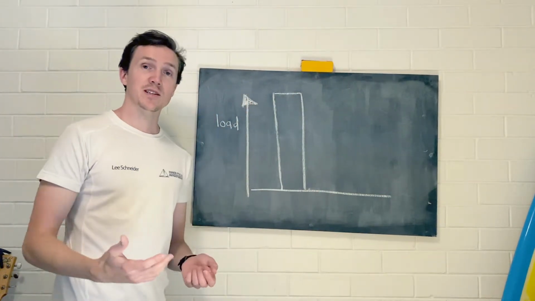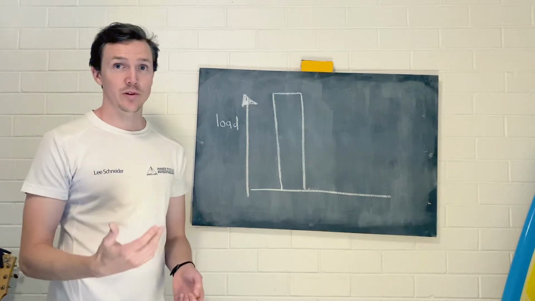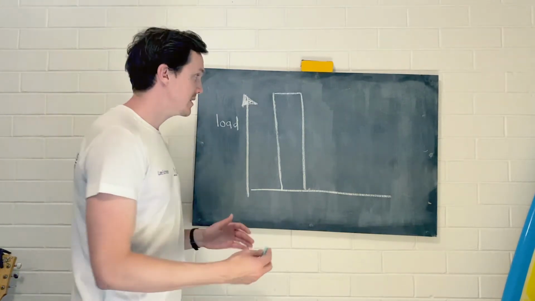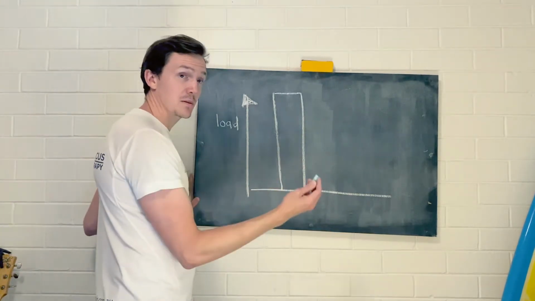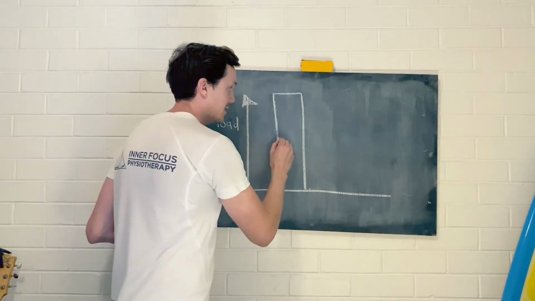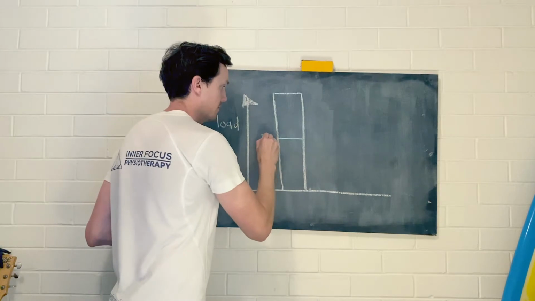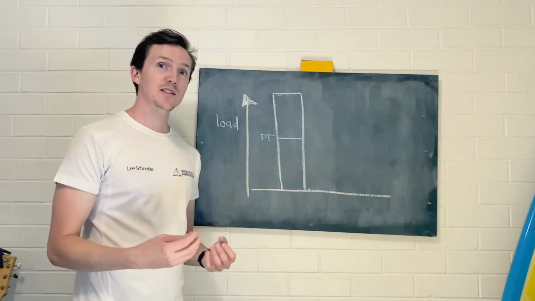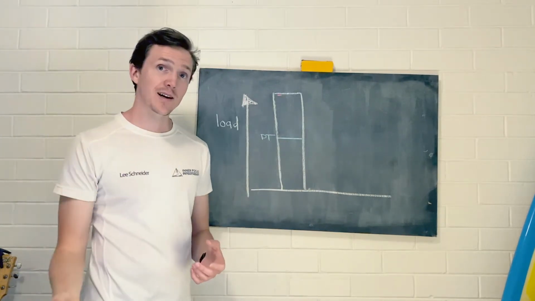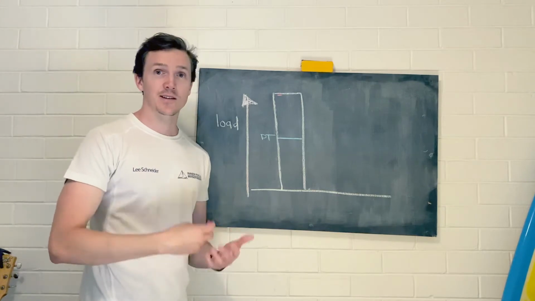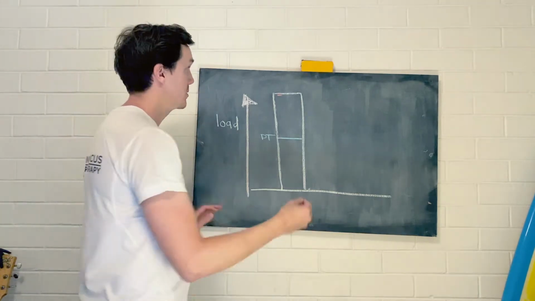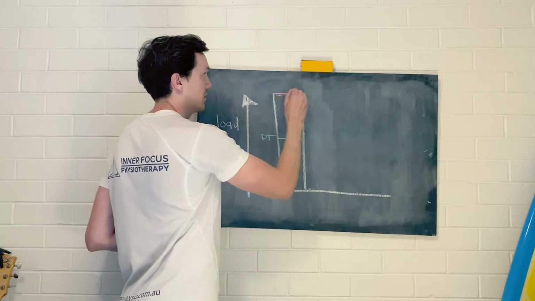And this box represents a movement that you can perform with your body. Right, so there's a point at which that movement becomes painful, right? And that is what we call your pain threshold. And then there's a point in which that movement goes too far and causes tissue damage, and that's what we call the damage threshold. That's just up here.